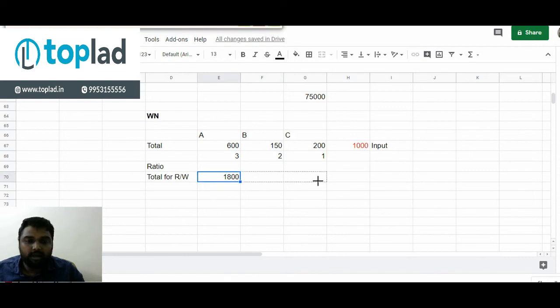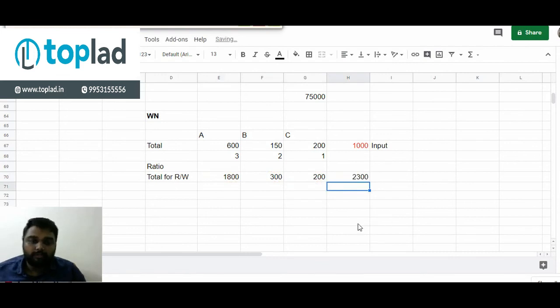Similarly for all the items, 150 into 2 will come to 300. So the sum total of all the items will come to 2300. So our ratio will be the same ratio.